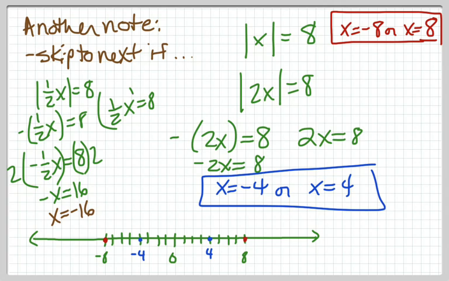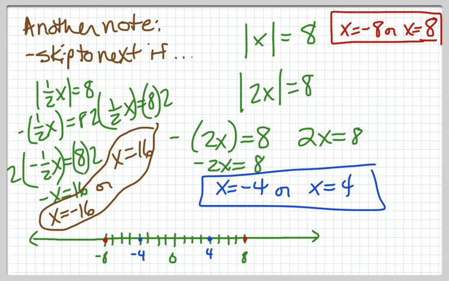Then we got -16, and as long as there's no addition, it's always going to be the positive and negative of the same number, so they got farther apart. So when the coefficient gets smaller, they get farther apart. When the coefficient gets bigger, they get closer together. So we'll relate that again when we get to quadratics, but just nice to know. You need to be able to solve it. You don't need to be able to dissect it, but it's great if you can.